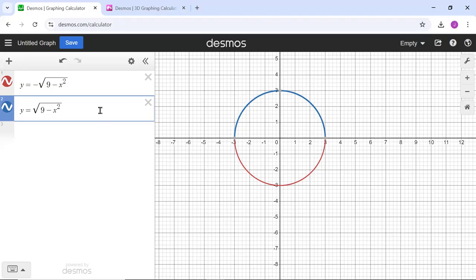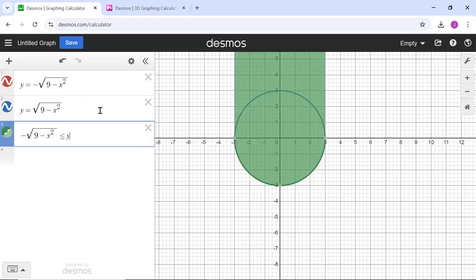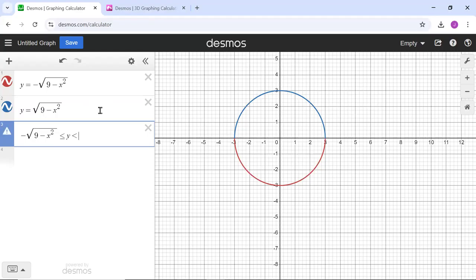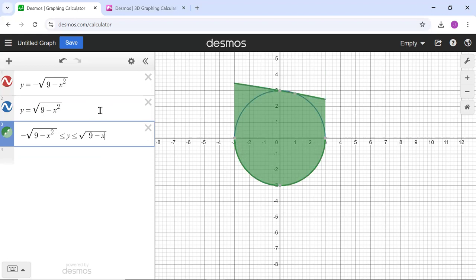So the region we were actually graphing over was the region enclosed by that circle. So we were looking at the section of the graph over this region in the XY plane, over the circle in the XY plane.